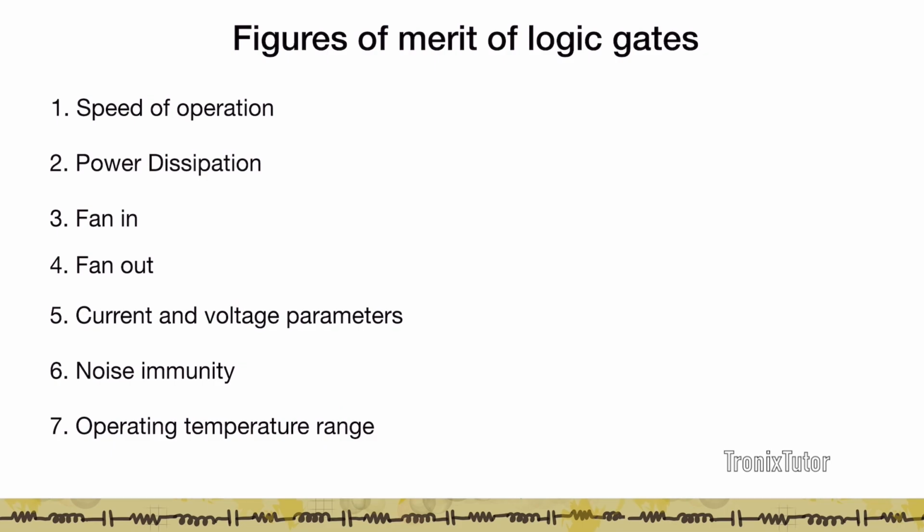As all of you are aware, chips in computers, for example, or in server farms, are going to be running at a higher temperature than room temperature. We want to ensure that the properties of the gate do not change at higher temperature. So understanding the range of operating temperature, or making sure that your design works for the entire operating temperature range, is something you need to keep in mind, and it's a figure of merit for a logic gate.